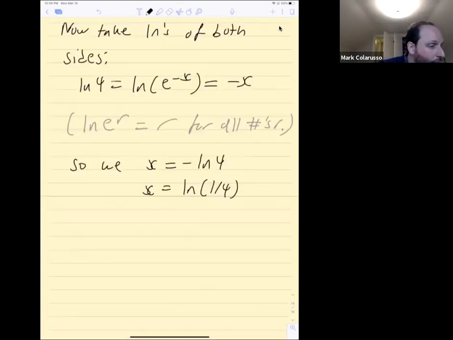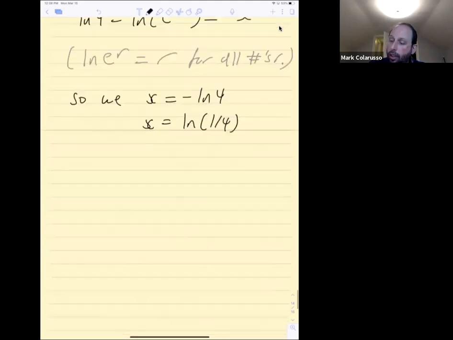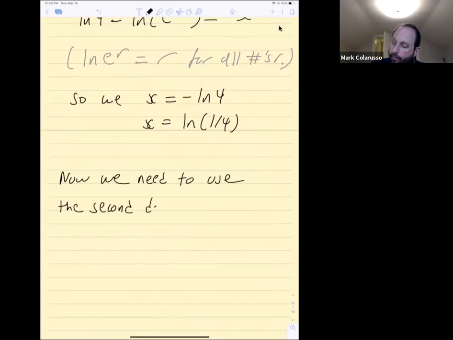Now we need to check if this is a min or a max. Now we need to use a second derivative test to check if this point is a min or max.